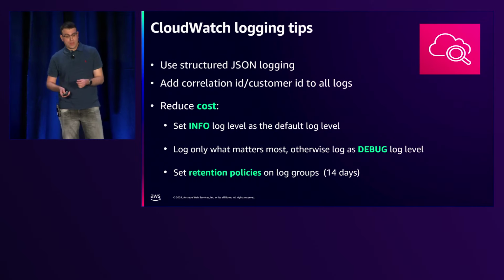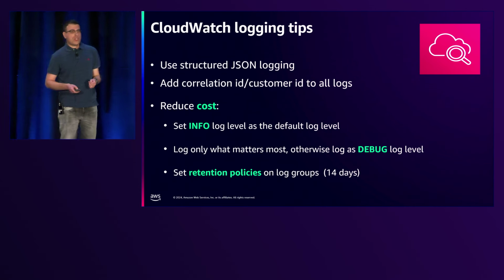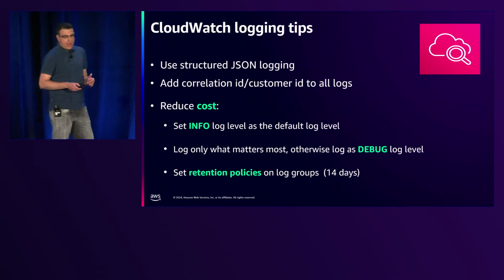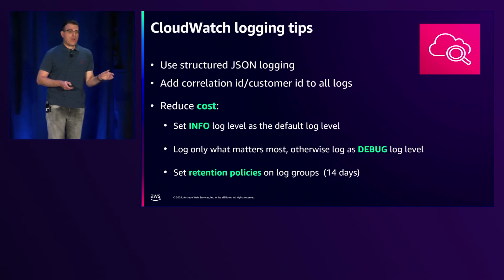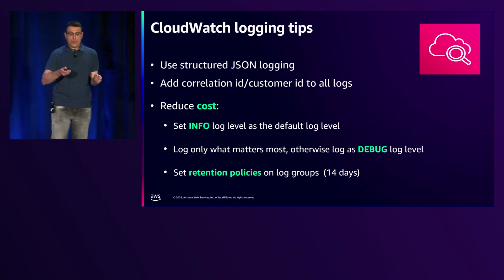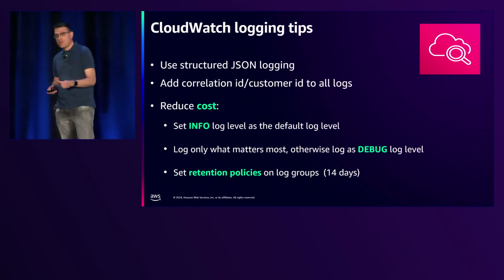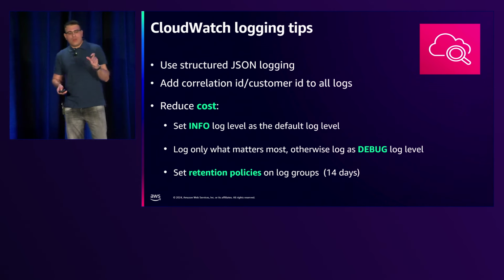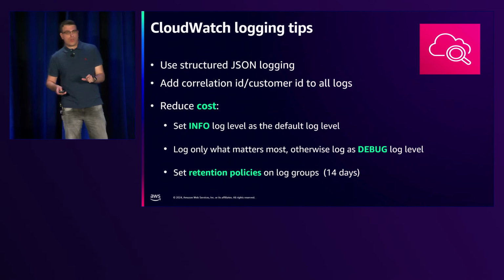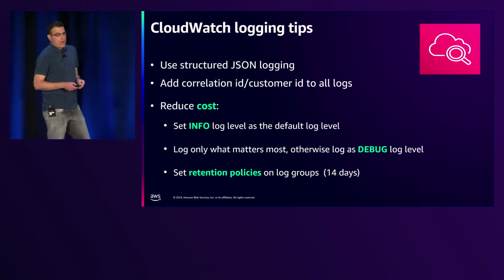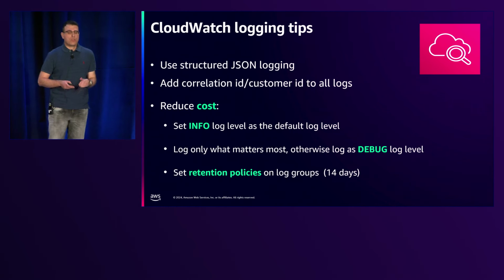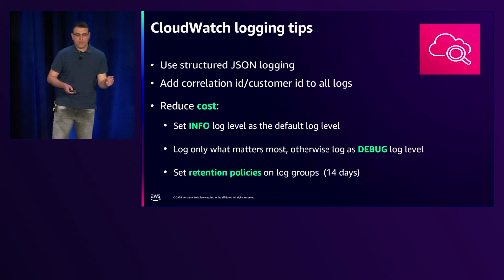Some general tips: you should use structured JSON logging, which allows you to filter in the CloudWatch console by every field that you want. You should add the correlation ID and customer ID to all of your logs, not just the error logs, because then when you have an error, you can take the correlation ID and the customer ID and see the entire flow of the customer request across multiple services from the beginning up until the error itself.